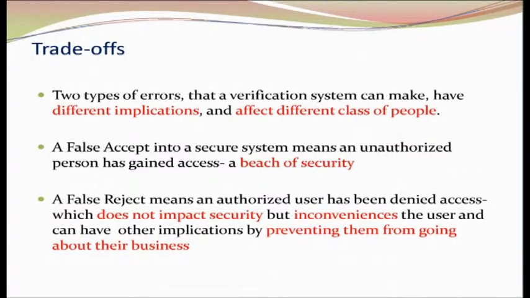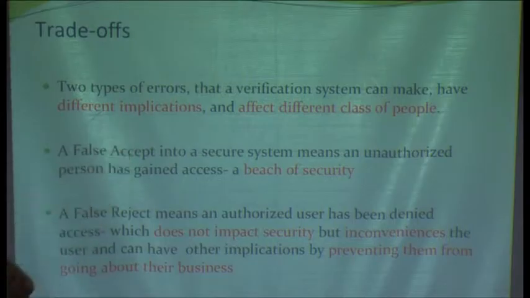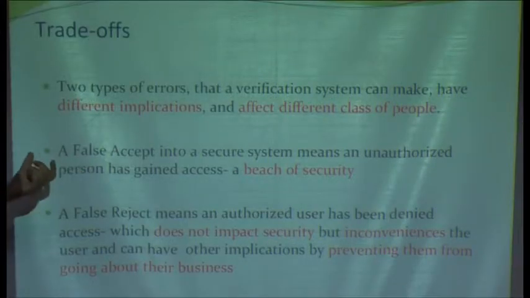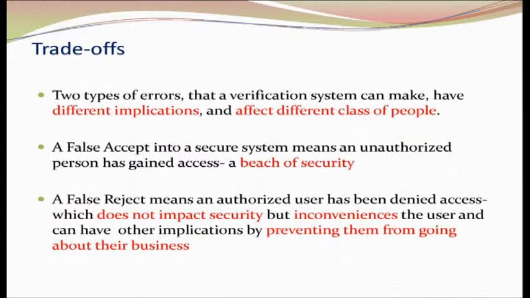See, there are two types of error that a verification system can make, right? One is FAR and FRR, or false positive and false negative, and both of them have different implications for different classes of people. Now, a false accept in a secure system means an unauthorized person has been allowed, which indicates a breach of security.